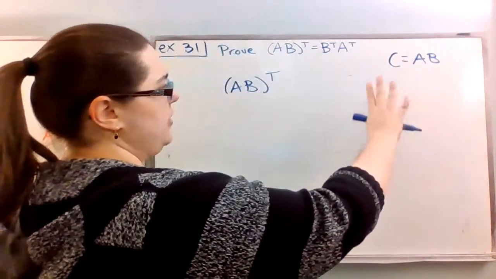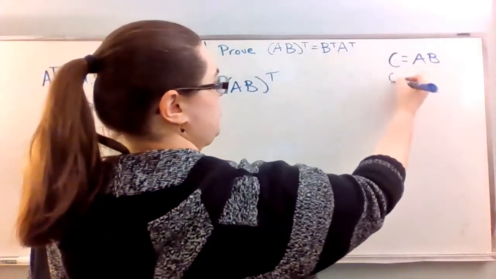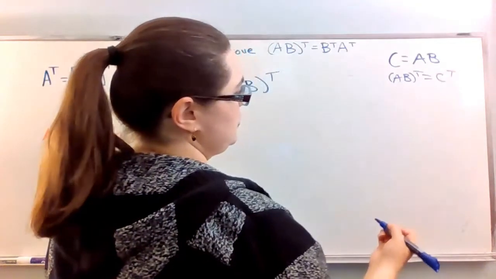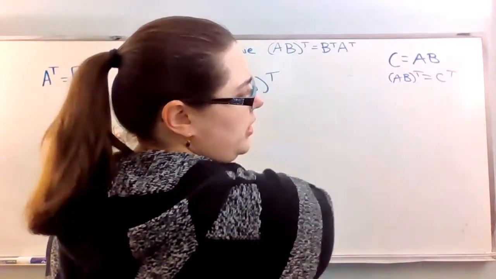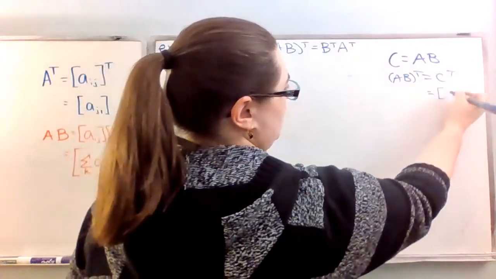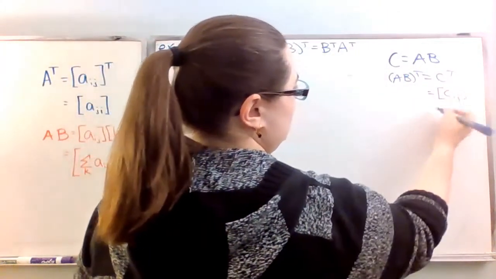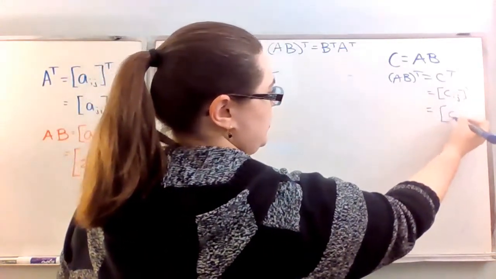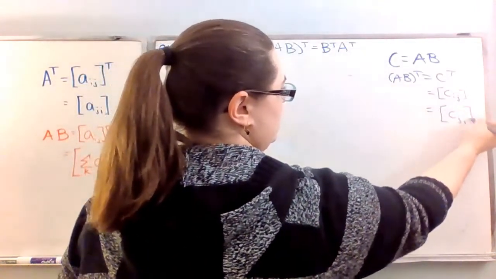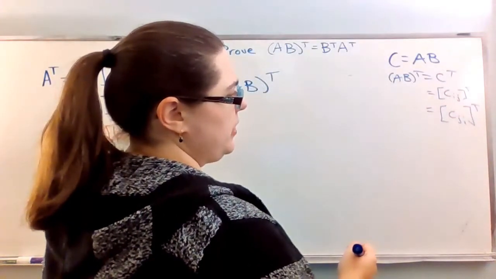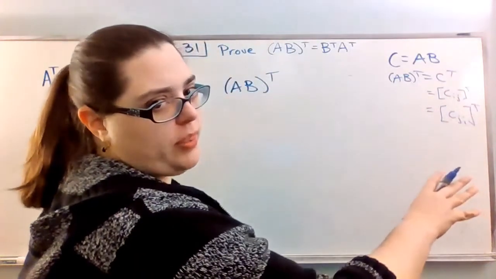And then I could say, all right, so AB transpose is C transpose. And then that's going to be the CIJ, which is transposed, which is CJI transposed. Okay. And then I thought I might be able to do something with that.